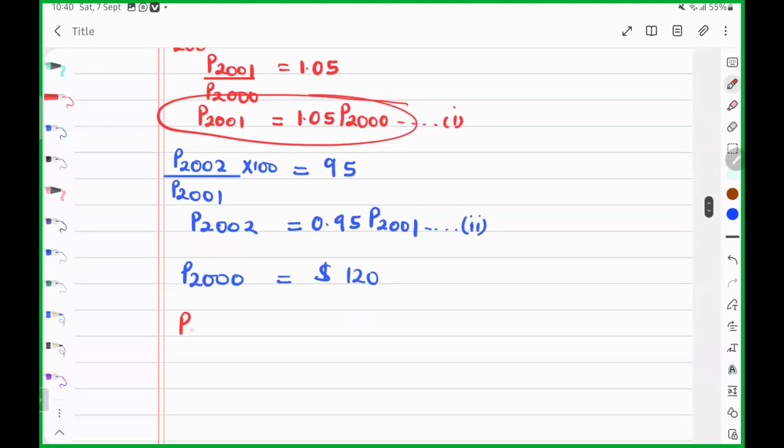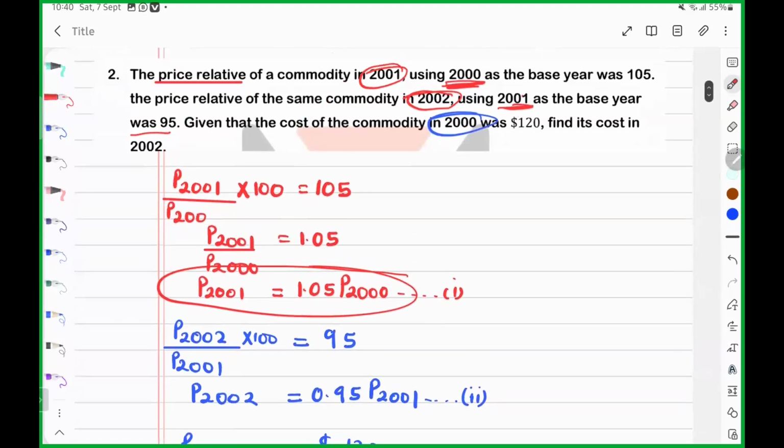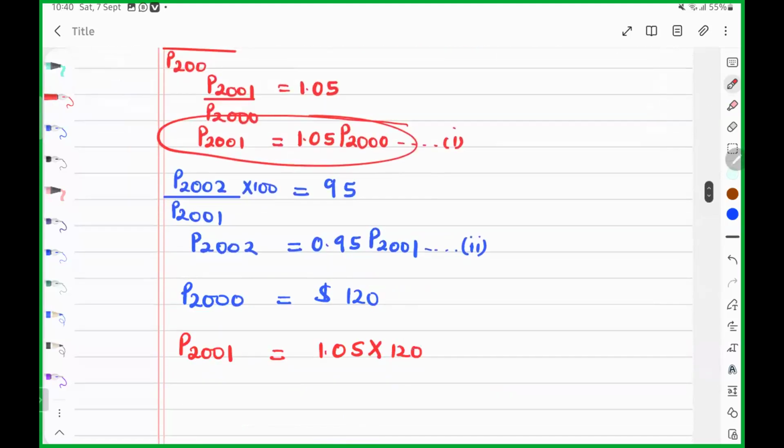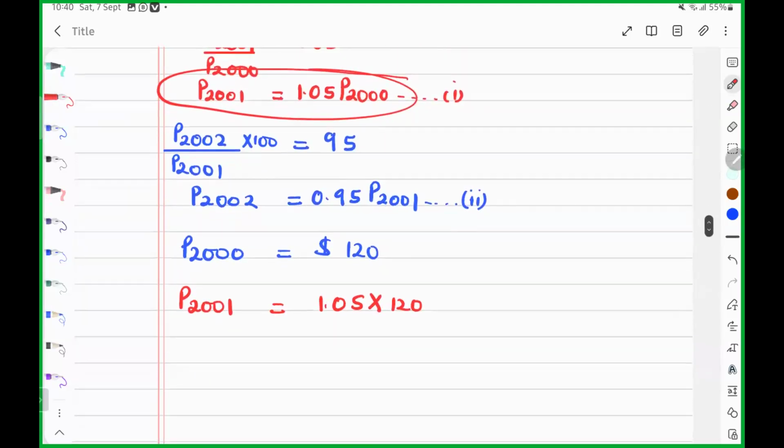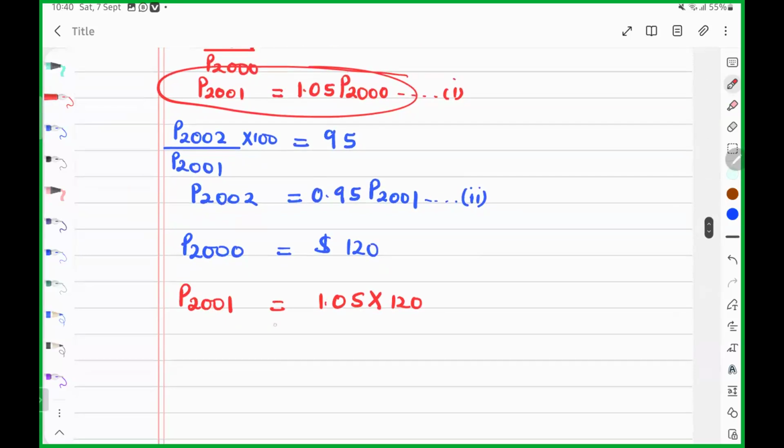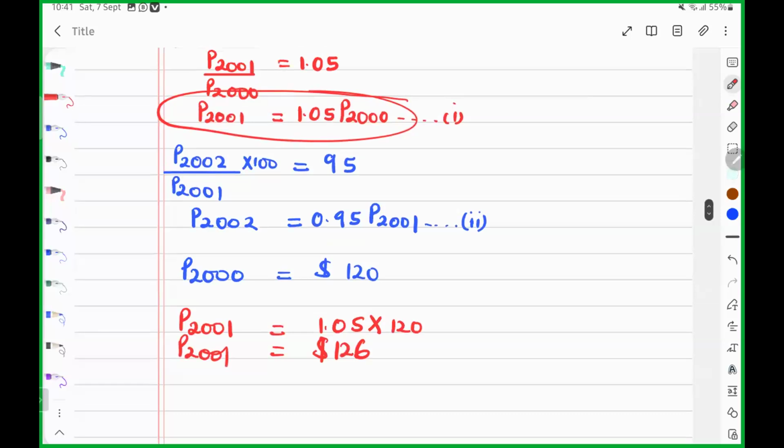So the price in 2001 is equal to 1.05 times the price in 2000, which was $120. And when I multiply that, I get $126. So that was the price of the commodity in 2001.